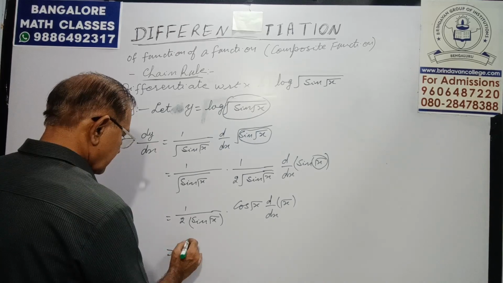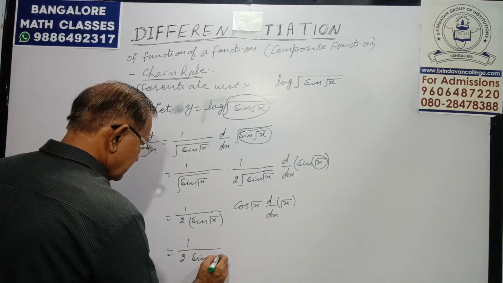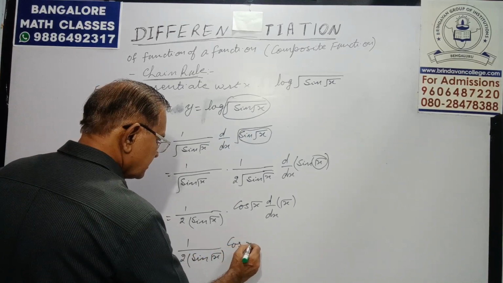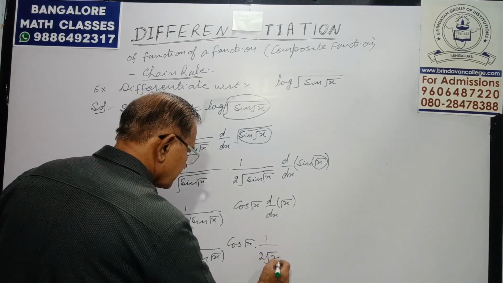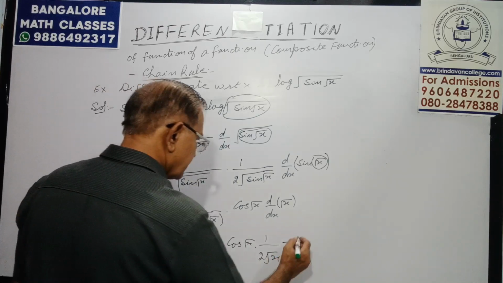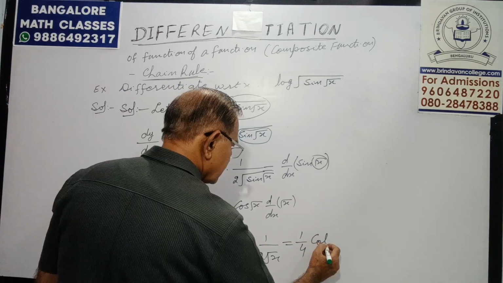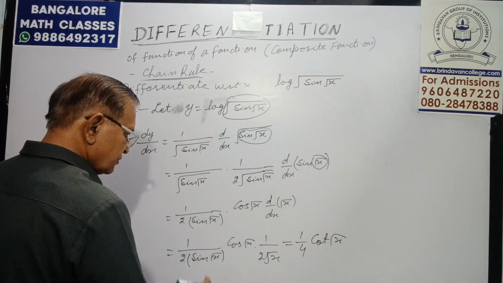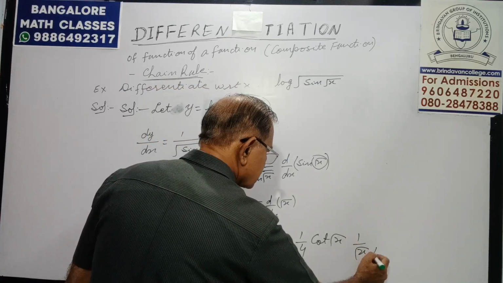Equals 1 by 2 sine root x, cos root x, d dx of root x, 1 by 2 root x. So overall we will get 1 by 2 into 1 by 2, 1 by 4, cos root x and sine root x, cot root x, 1 by 4 cot root x, and root x is there, 1 by root x. That will be the answer.